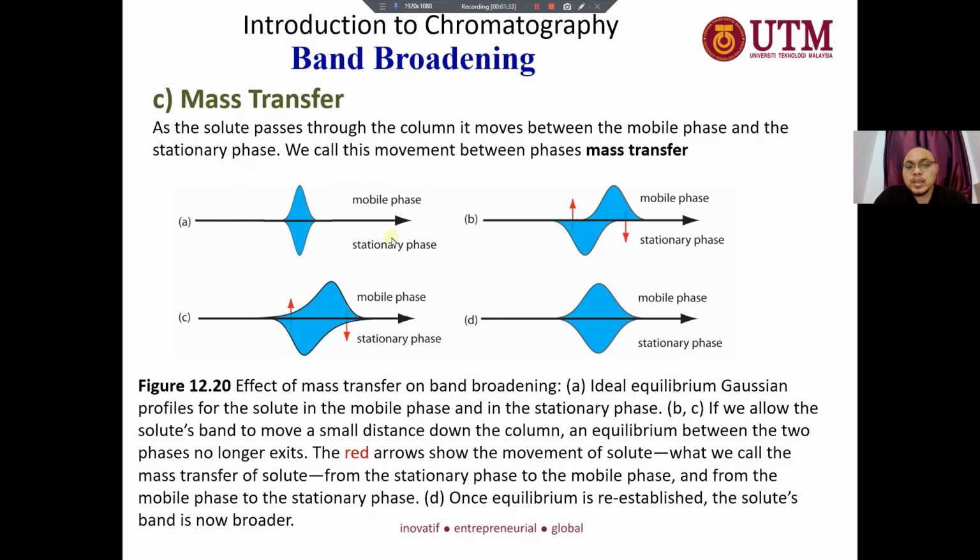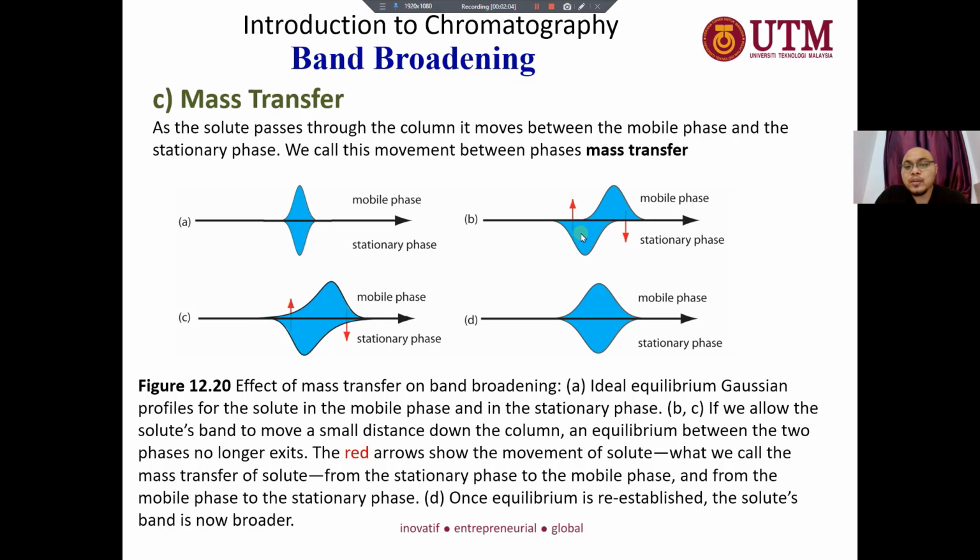In the ideal situation, the movement of the analyte or solute between the mobile phase and the stationary phase will be at the same pace. When do you have the mass transfer effect? When you apply a high velocity of the mobile phase, it can create differences in equilibrium.